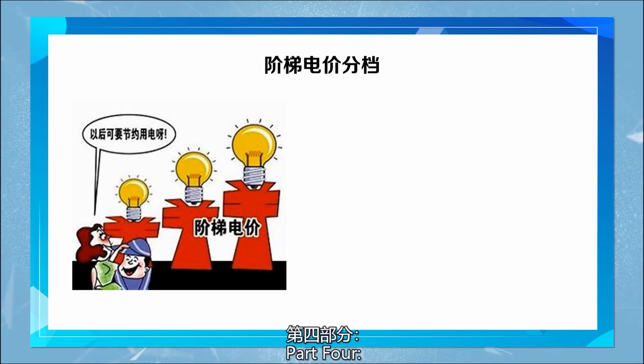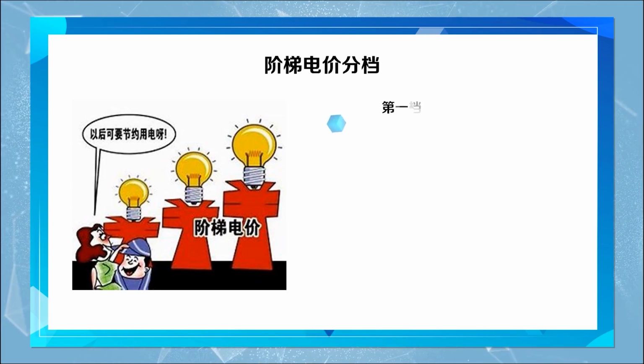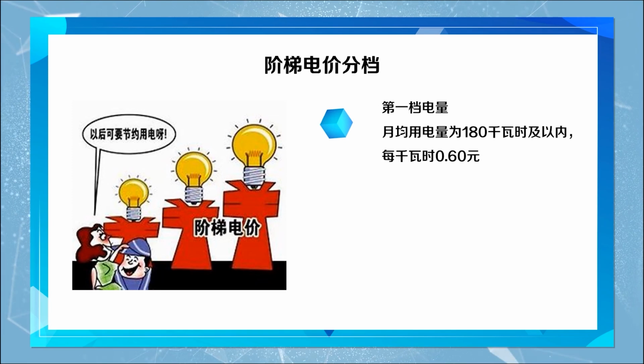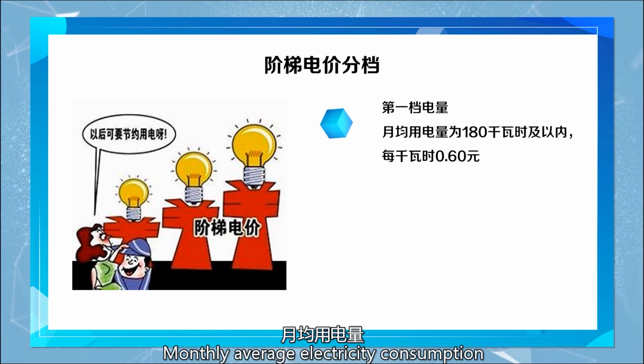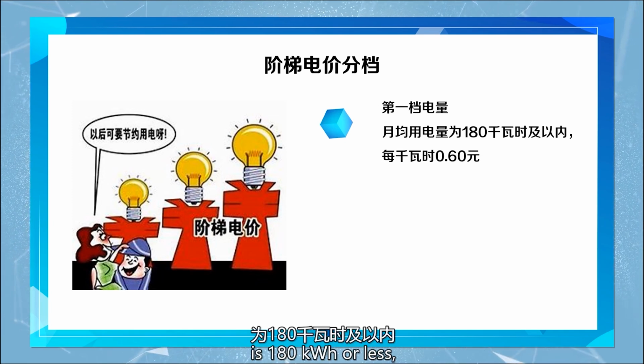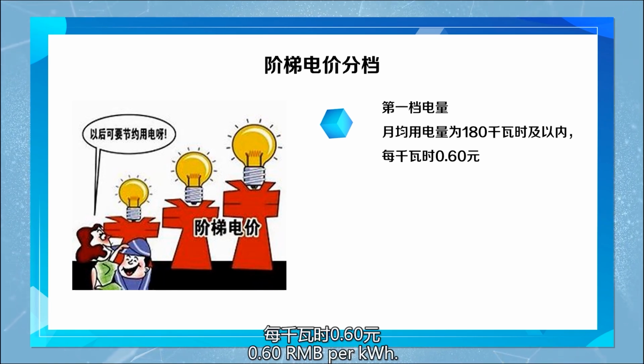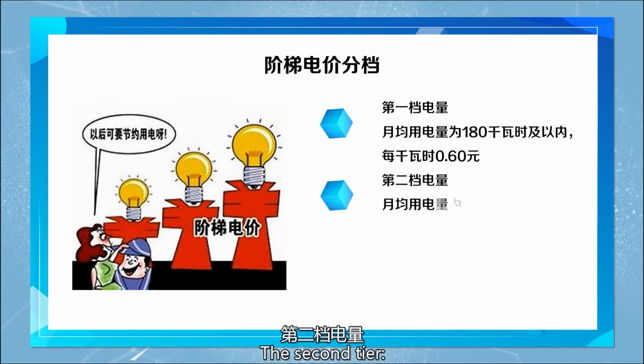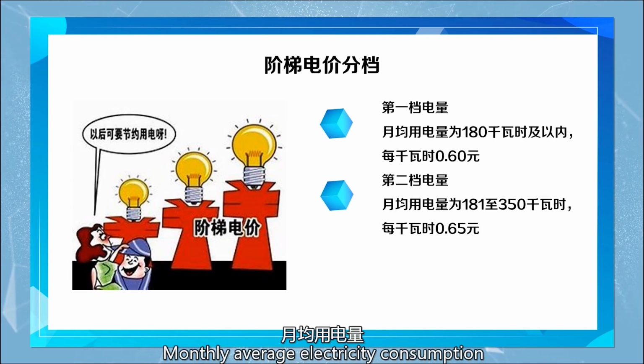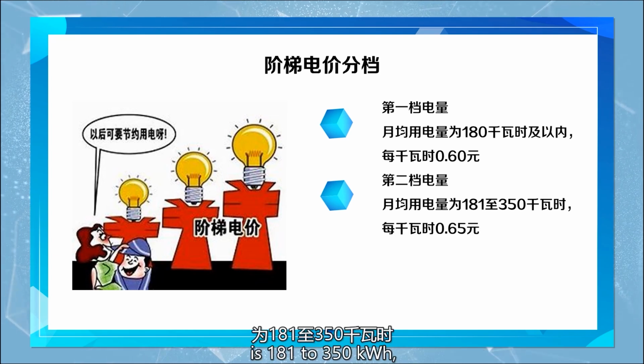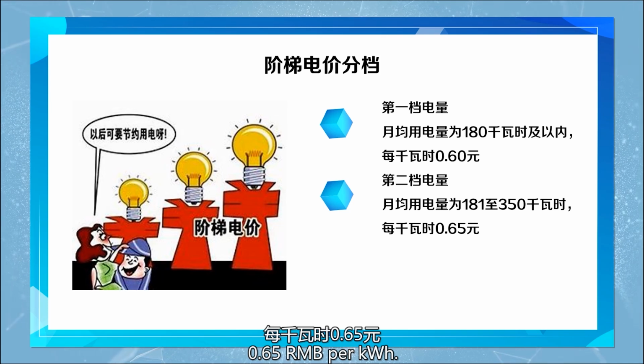Part 4. Electricity Price Standards. The first tier, monthly average electricity consumption is 180 kWh or less, 0.60 RMB per kWh. The second tier, monthly average electricity consumption is 181 to 350 kWh, 0.65 RMB per kWh.